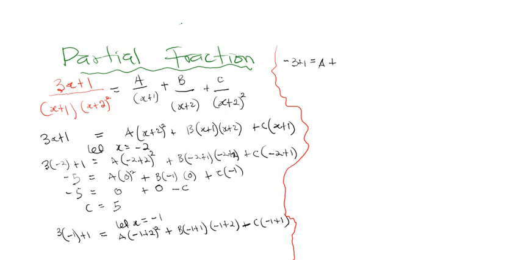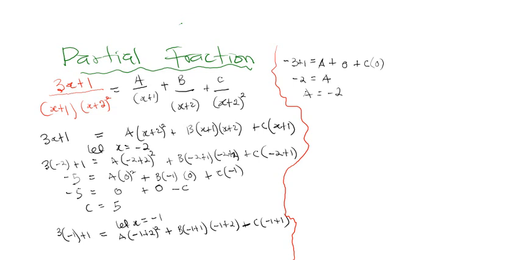So it means plus 0. And then the last value is plus c into bracket, that also gives you 0. So we have negative 2 is equal to a. Therefore, a is equal to negative 2.